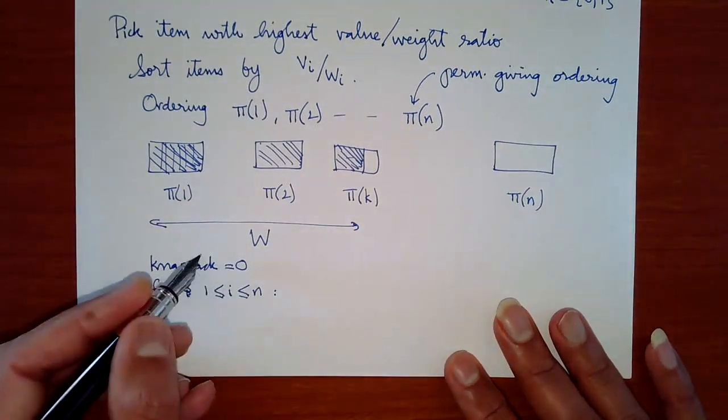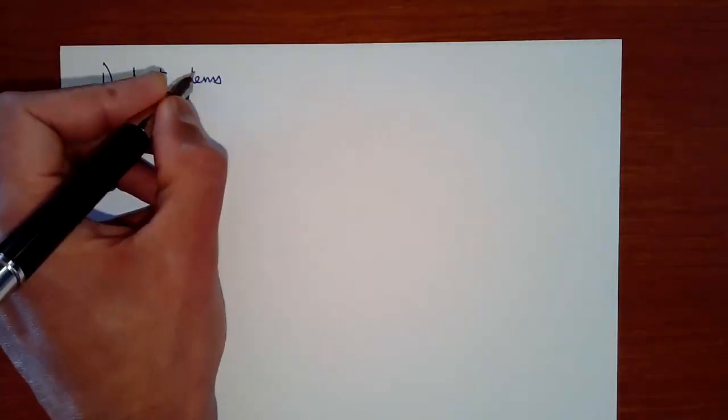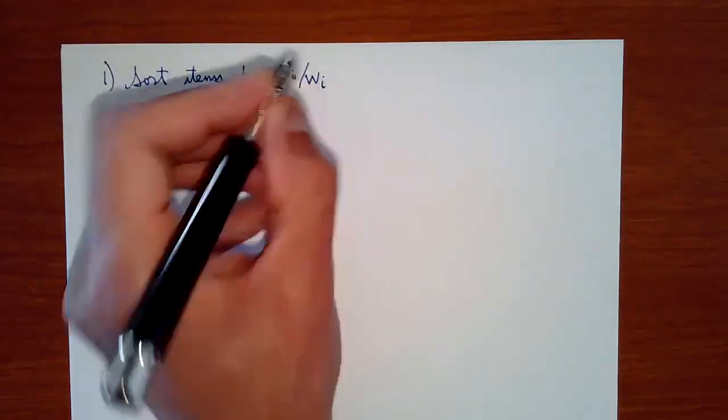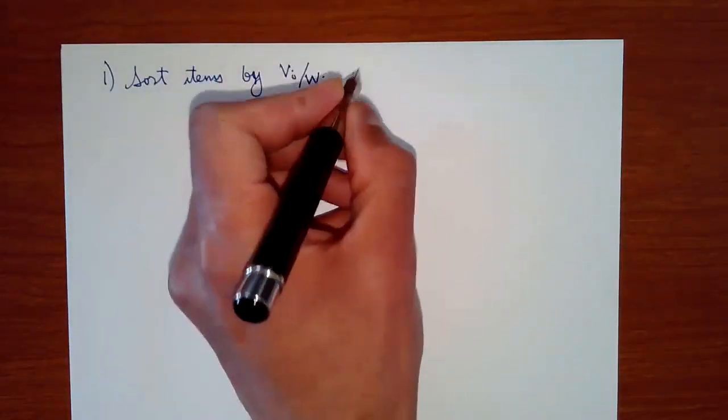So maybe I should, okay, let me write this properly. Sorry. So step 1 is to sort items by vi by wi.